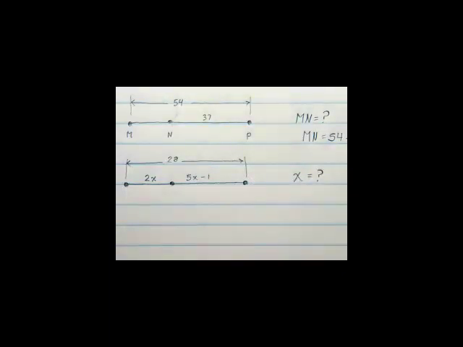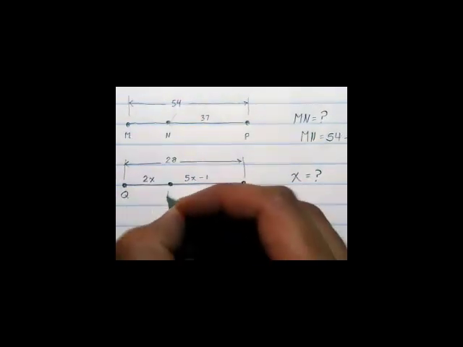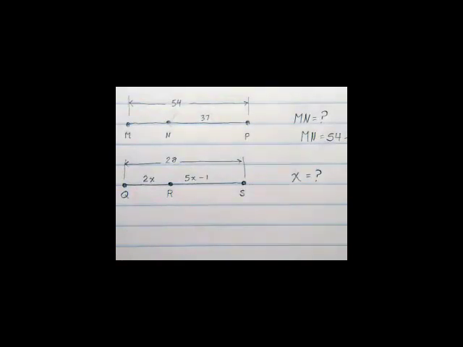All right, what if I did it like that? Still use the segment addition postulate for this. Oh, I should probably label those points. Let's say we've got Q, R, S. And I want to know what's the value of X. And then I also want to know the length of QR.